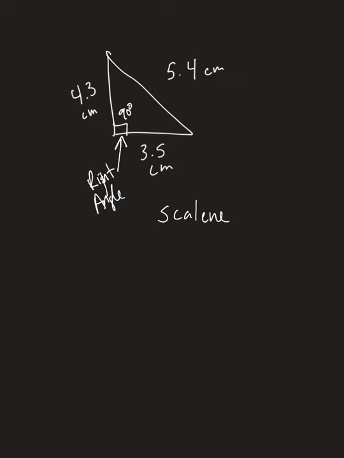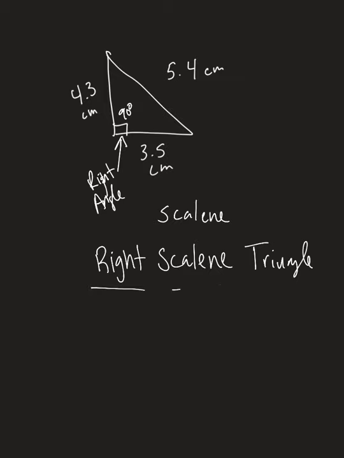So this is going to be called a right scalene triangle. Remember, first, middle, last. The first is always the angles, the second is the sides, and triangle is the last name.